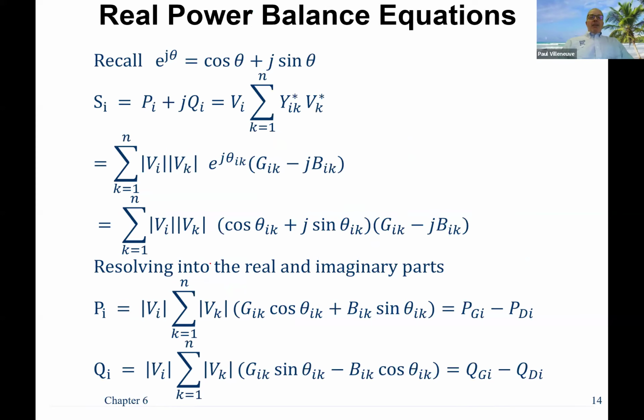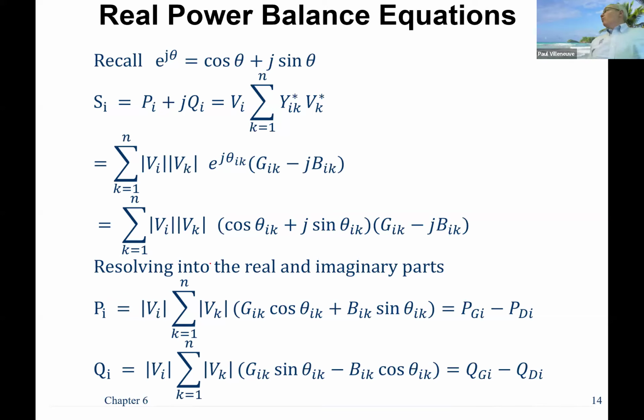So now I'm going to go ahead and break up my power into real parts and imaginary parts. But I'm going to start off again with my total power equation, P plus jQ is equal to S equals V_I I conjugate. And I'm going to go ahead now and substitute and break up the complex numbers so that I have just real numbers. You can see I've got magnitude V_I, magnitude V_K, e to the j theta, the difference in there, and then I multiply that by the conductance and the susceptance of the line.